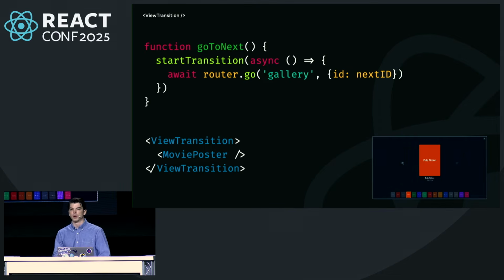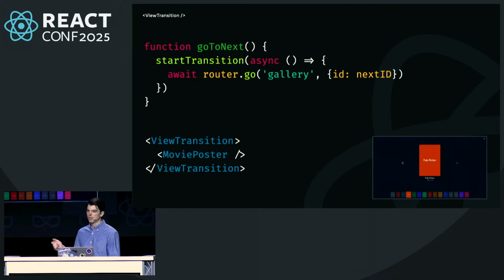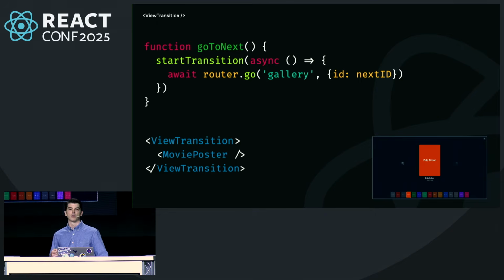The router change would update the current movie index, resulting in a DOM mutation to switch out that movie poster. The view transition component will detect the mutation of its child and activate an update animation. Now, without specifying any class names here, the browser's default animation will be used, typically a crossfade.